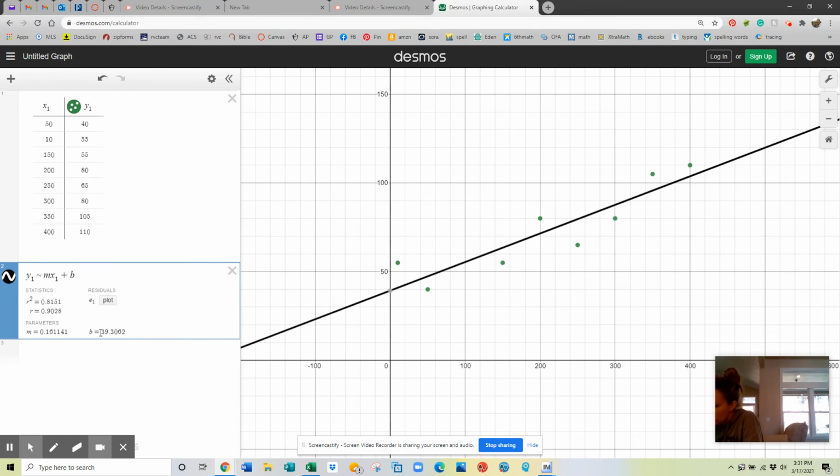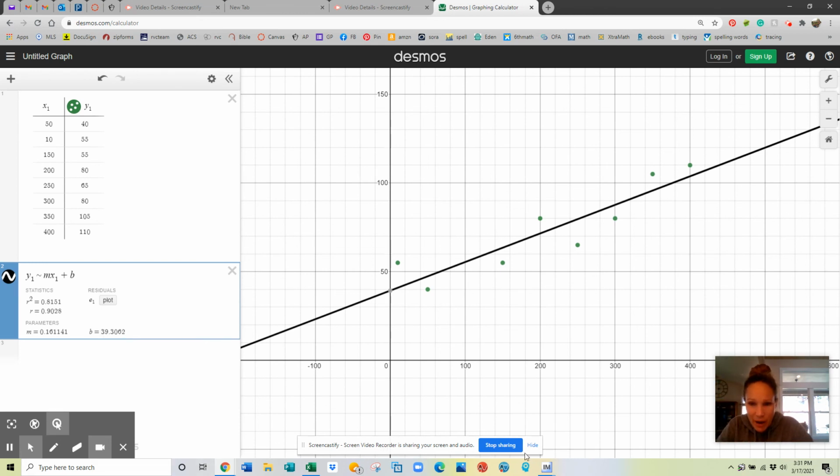Dollars spent. So that 39.31 represents the number of people who would attend if $0 were spent. Okay, and that is it.